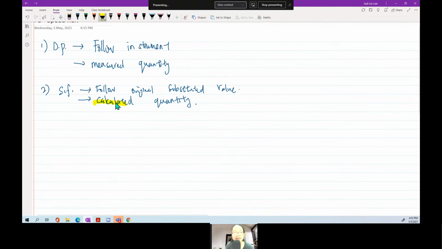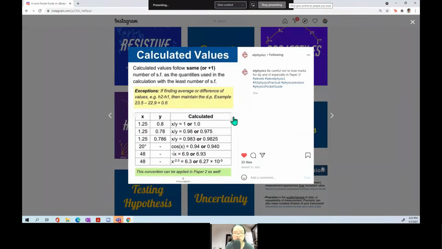If you take out your calculator and you square, you divide by 10, or power 3/2, any kind of calculated quantity, we follow the original substituted value. If you go back to this pocket guide, you will see some examples of calculated values. So you follow the same, or the least number of SF.